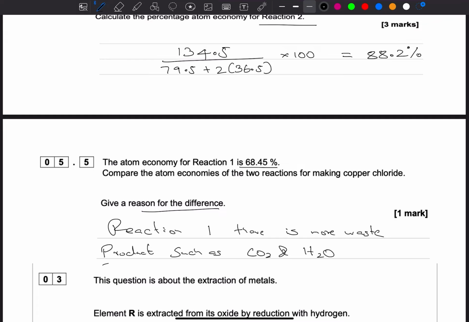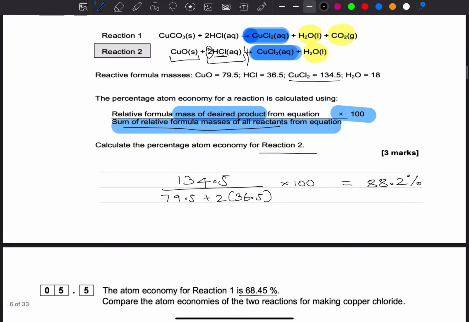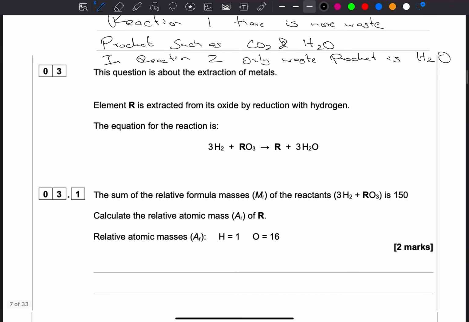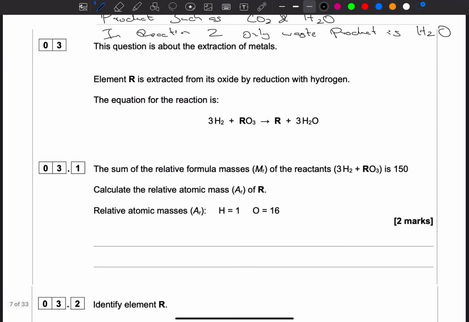But in reaction 2, the only waste product is, what was it? H2O. Okay, on reaction 1 there's an extra waste product which is CO2. Okay, so that's why. The question is about extraction of metals.